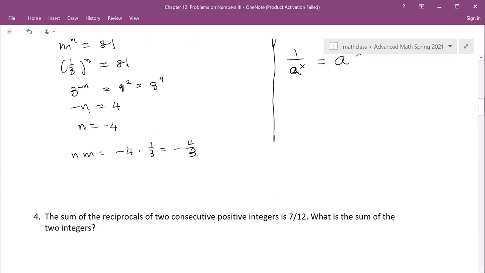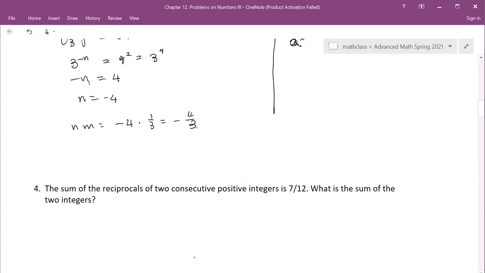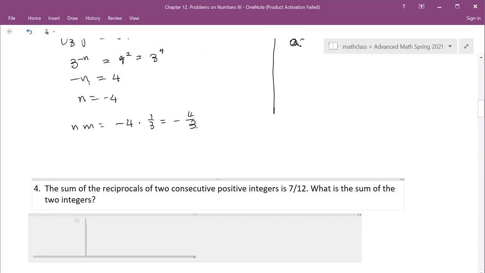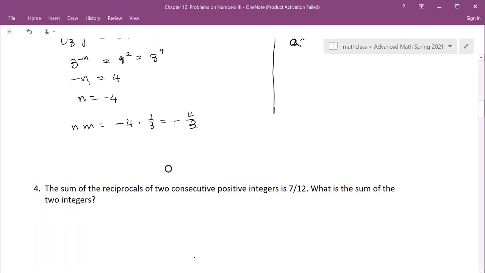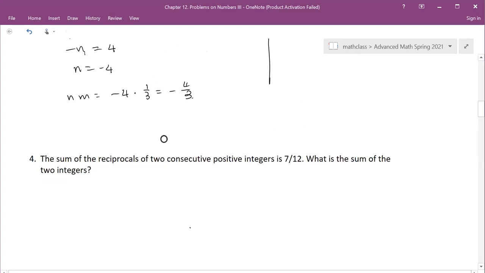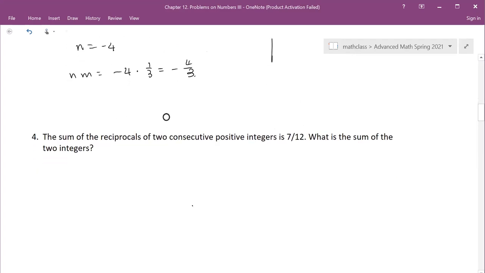Okay, so let's move on to the next problem. I hope some of you can give me the answers, okay? So here's the question. The sum of the reciprocals of two consecutive integers is 7/12. What is the sum of the two integers? If you do guess and try, maybe it's a quick way.